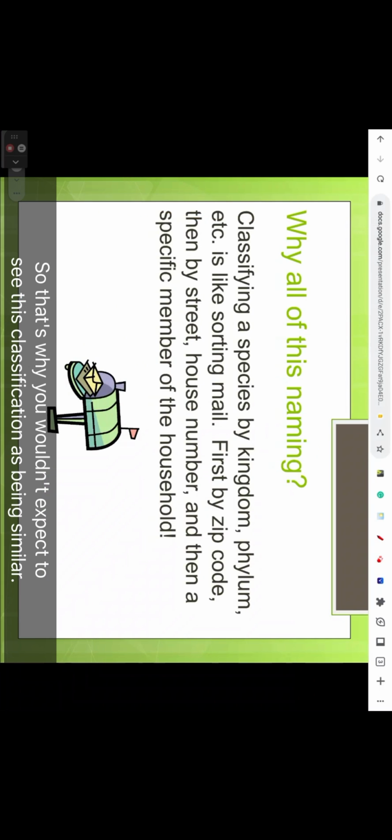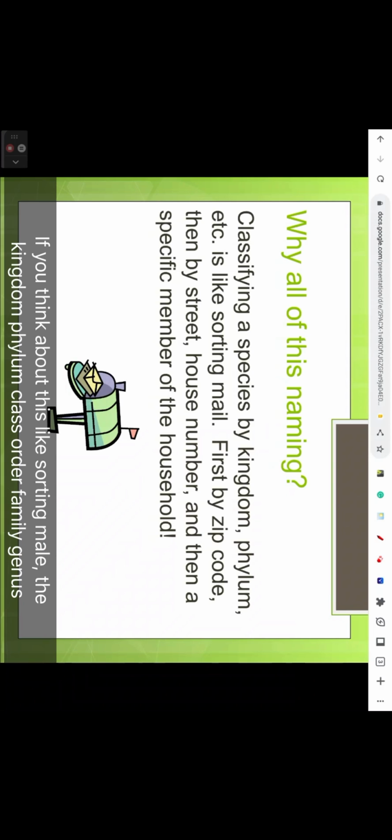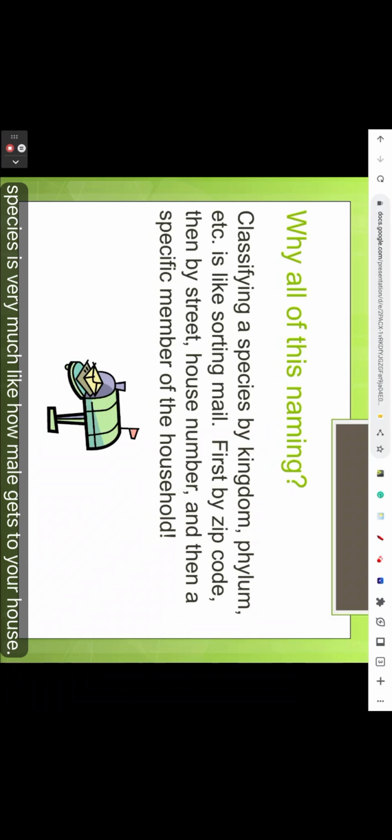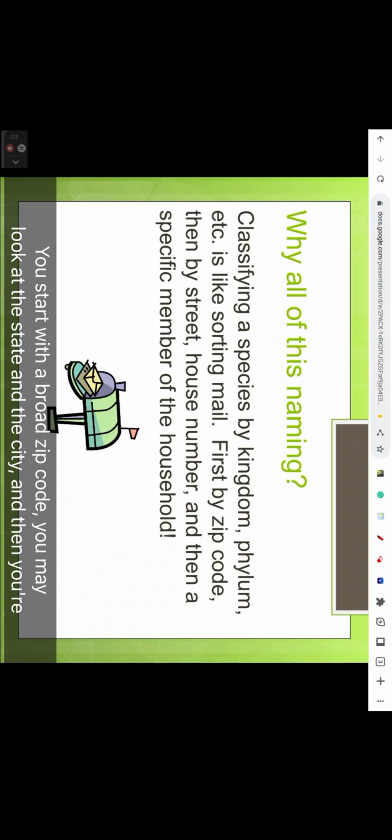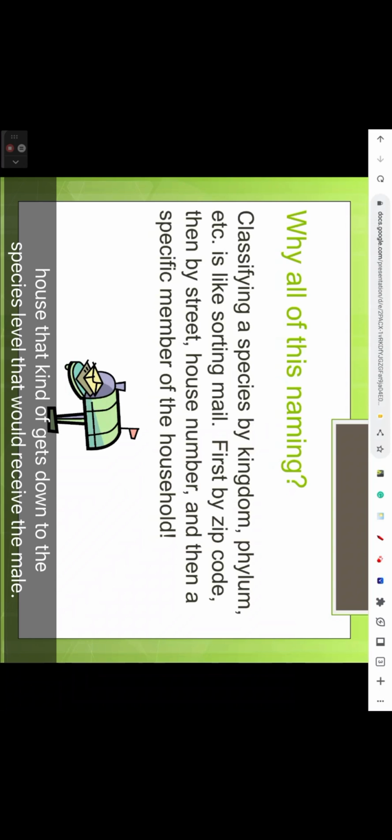All right, so why all of this naming? Think about it like sorting mail. The kingdom, phylum, class, order, family, genus, species is very much like how mail gets to your house. You start with a broad zip code. You may look at the state and the city, and then you go to the street and then the house number, and then there's somebody in your house that gets down to the species level that would receive the mail.